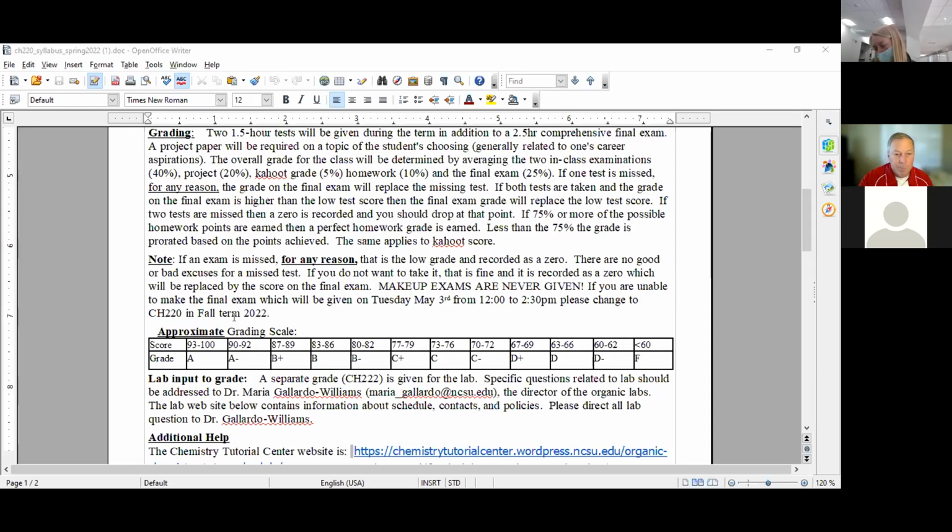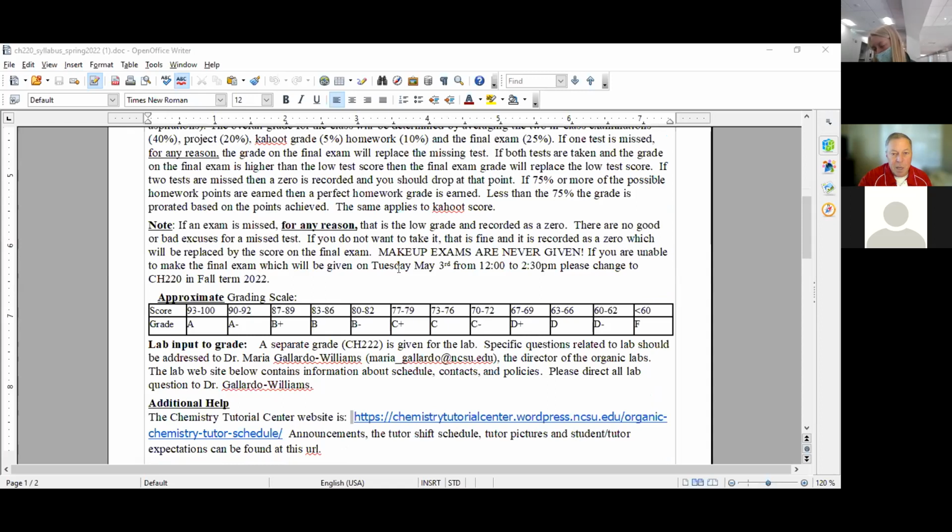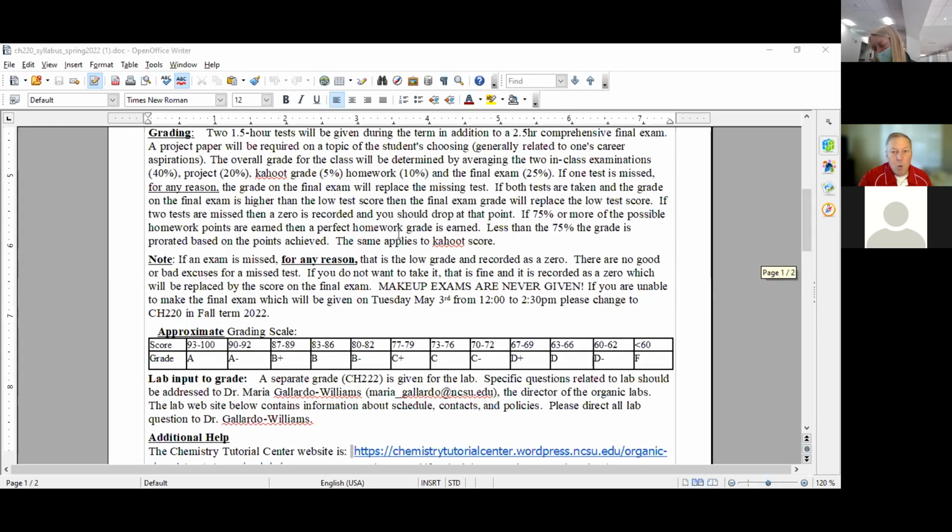Now, here's the other thing with these exams. If you do get to take both exams, and your final exam grade is higher than the lowest score of those two tests, I'm going to throw away the low test and place the final exam grade in the spot of the low test score.